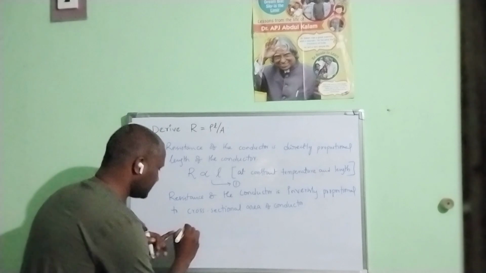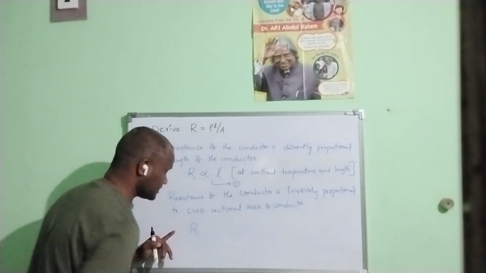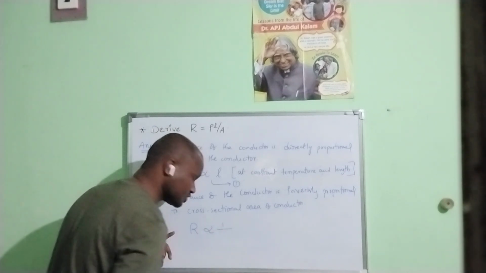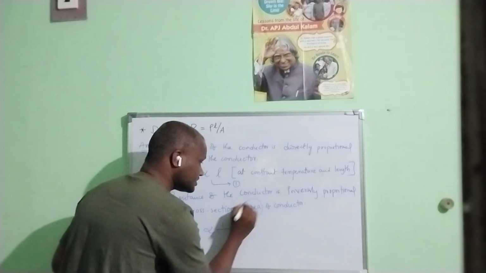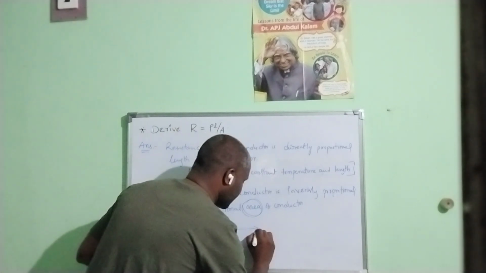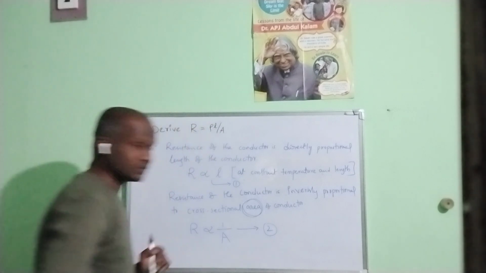So mathematically it can be written as resistance of the conductor is inversely proportional to area, we should represent the physical quantity area in the denominator, and we consider this expression as 2.